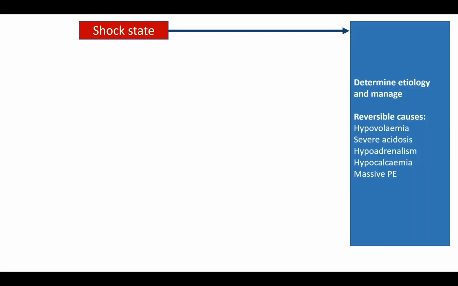Finally, a suggested flowchart for the management of patients with shock state. Of course, first thing that you need to determine is the etiology, and if there are any reversible causes, you need to act on that right away, whether it's hypovolemia, severe acidosis, hypoadrenalism, hypocalcemia, massive pulmonary embolism, or any other causes of the shock state.